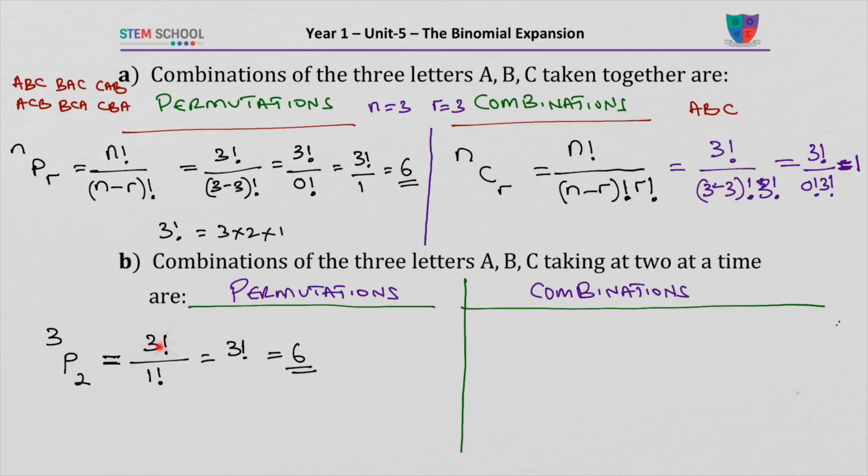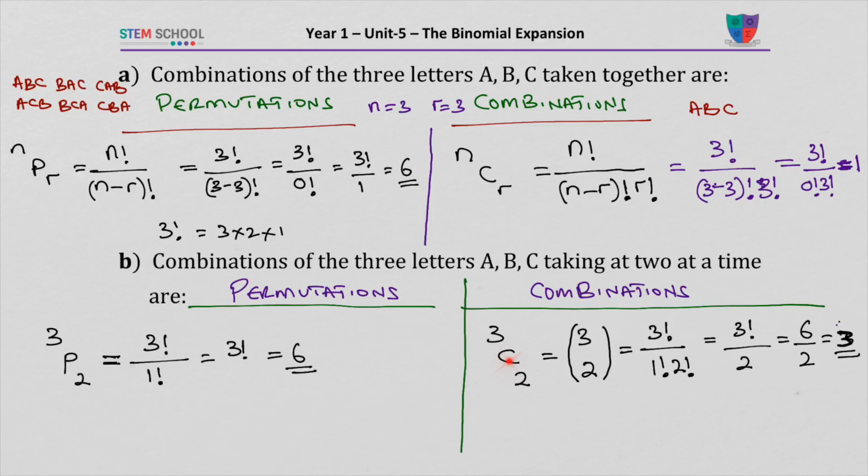That is 3 factorial divided by (3 minus 2) factorial, which equals 3 factorial over 1. 1 factorial is 1. Therefore, 3 factorial is 3 times 2 times 1, which is 6. So you will get 6 permutations.